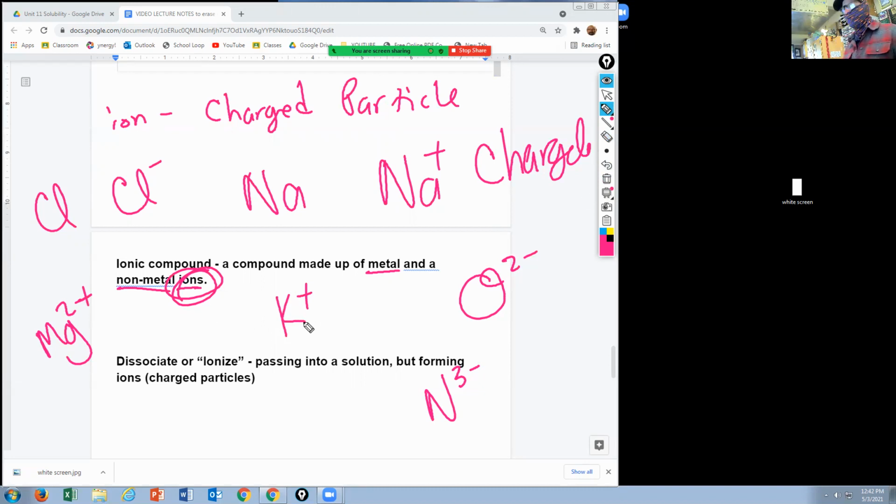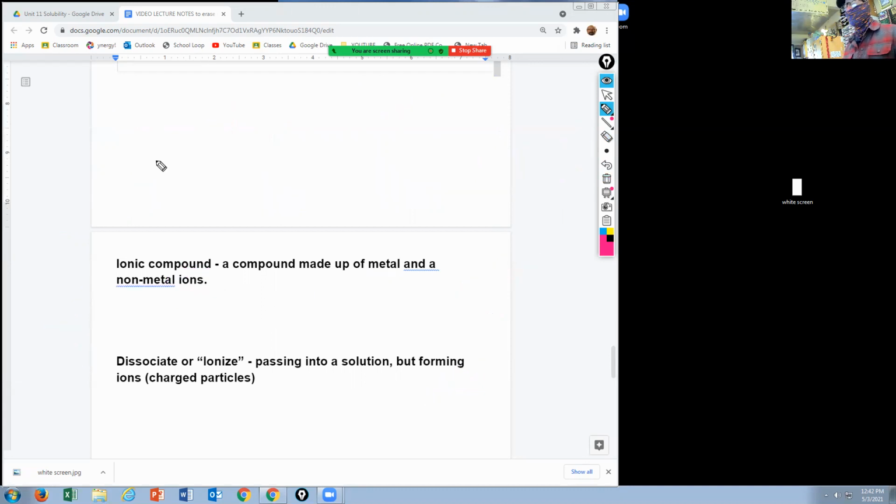Why? Because we've talked about this word soluble. And soluble means to be able to dissolve. Sugar and salt both dissolve, but now we're going to take it one step further. We're going to talk about something called disassociating or ionizing. You can see the word ion in the word ionize.